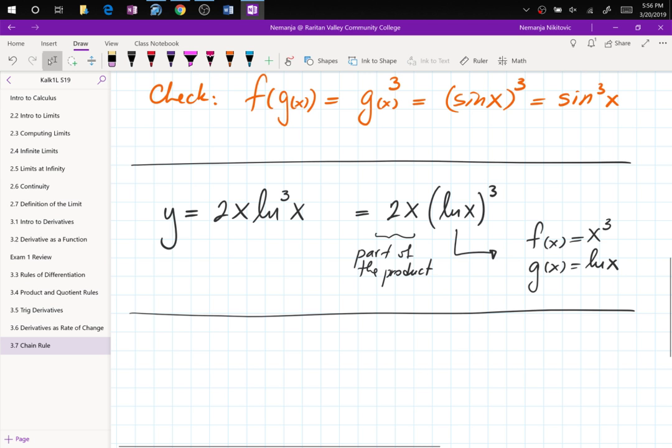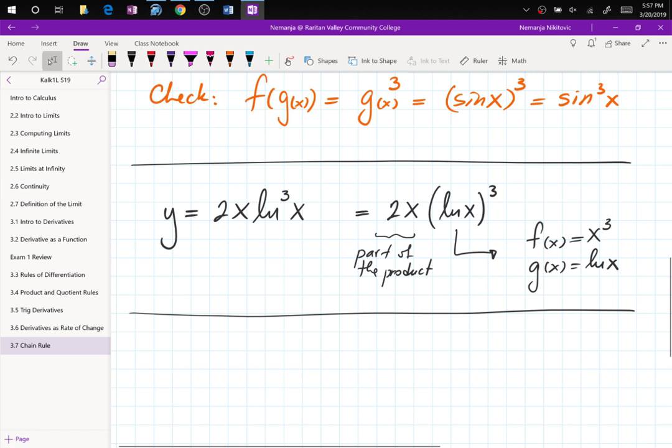It's just understanding that not every single expression that you see that is busy is automatically all function composition. This is the product part, and this is the chain function composition part. This part is a composition, this part is not.